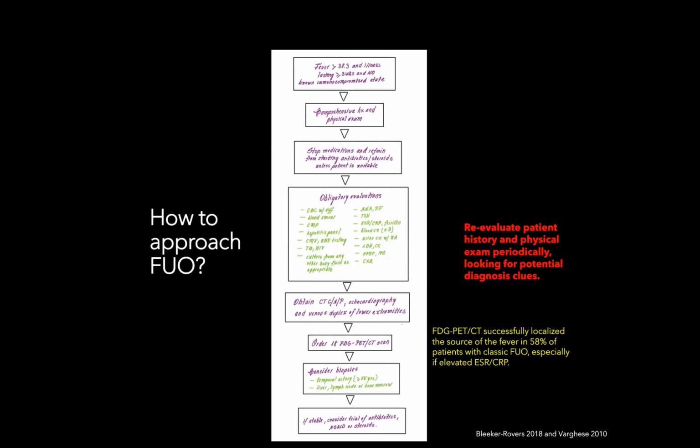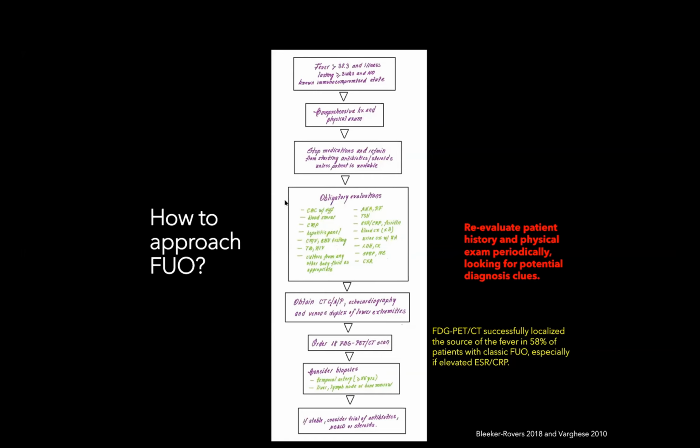What do they consider obligatory evaluations? You want to have your CBC, your CMP, your hepatitis panel, CMV and EBV, which are very common, your TB and HIV, again common, your cultures, your rheumatologic workup, ANA, rheumatoid factor, your inflammatory markers, ESR, CRP, and ferritin, your blood cultures, LDH for your lymphomas, SPEP and immunoelectrophoresis for your multiple myelomas, and your chest X-ray.